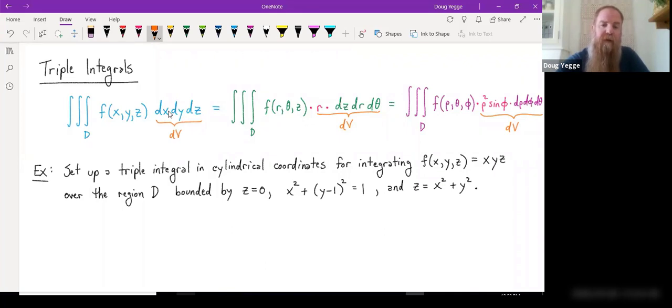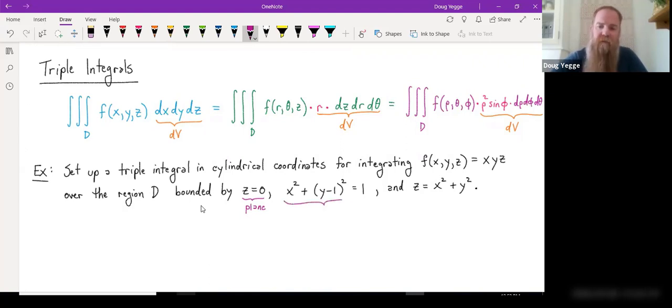So let's set up a triple integral in cylindrical coordinates for integrating f of x, y, z, which is x times y times z, over this region that's bounded by z equals 0. Well, keep in mind that's just the xy plane. All right, this is a plane. Then x squared plus (y minus 1) quantity squared equals 1.